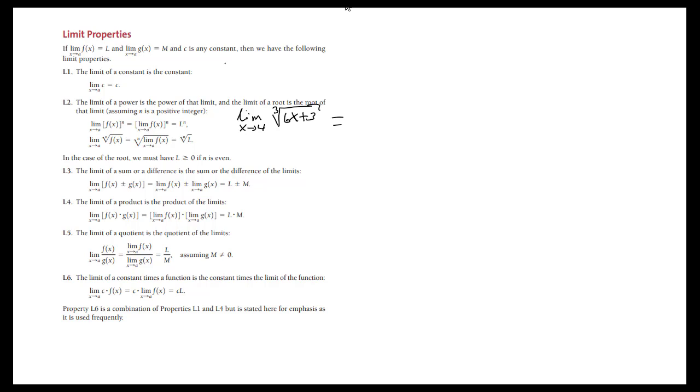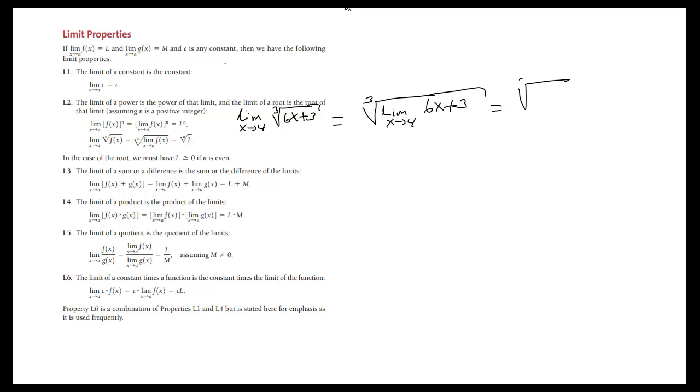We can say it is the cubic root of the limit when x approaches 4 of 6x plus 3. Well, again, we can evaluate when x approaches 4. Then instead of x, we're going to write the number 4.